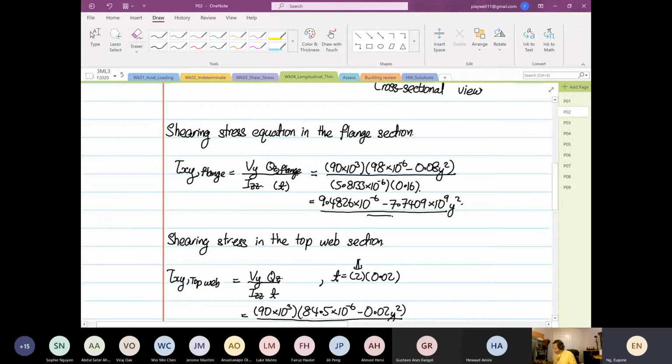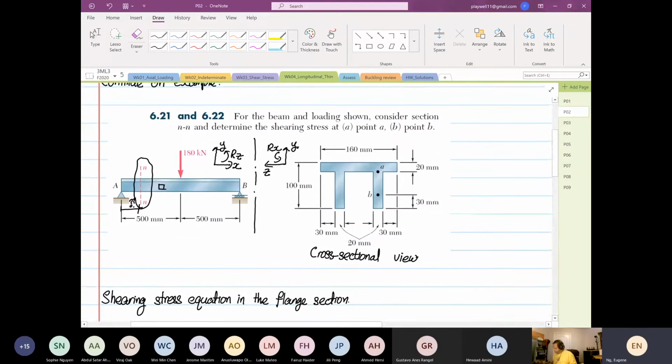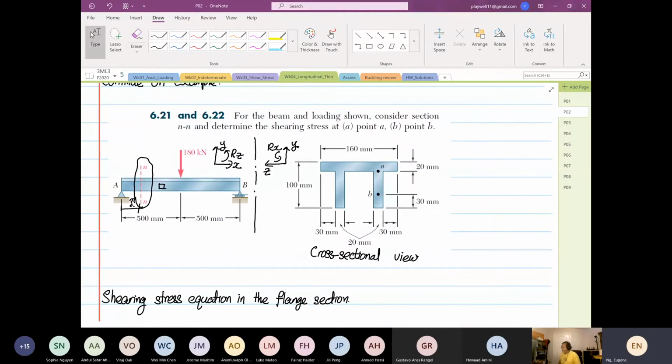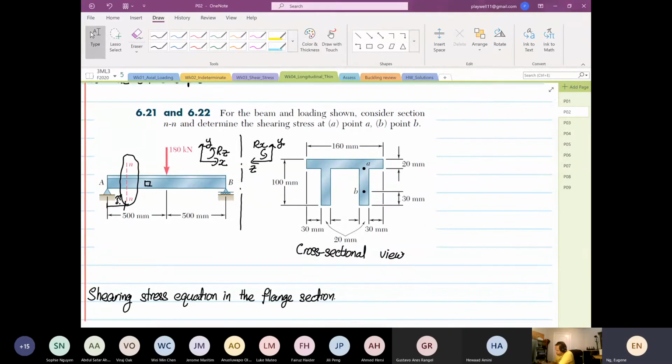Right. So let's look briefly at last week's example. I'm not finished yet. We did something further. This question looked for the shearing stress at point A and point B. This being point A and that being point B. But we have done more.